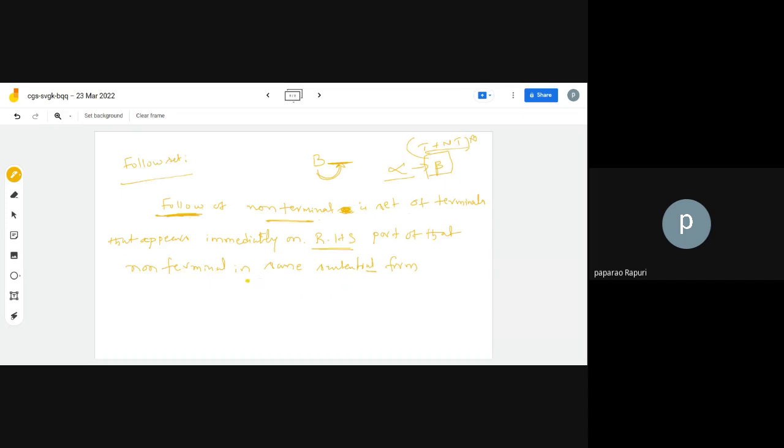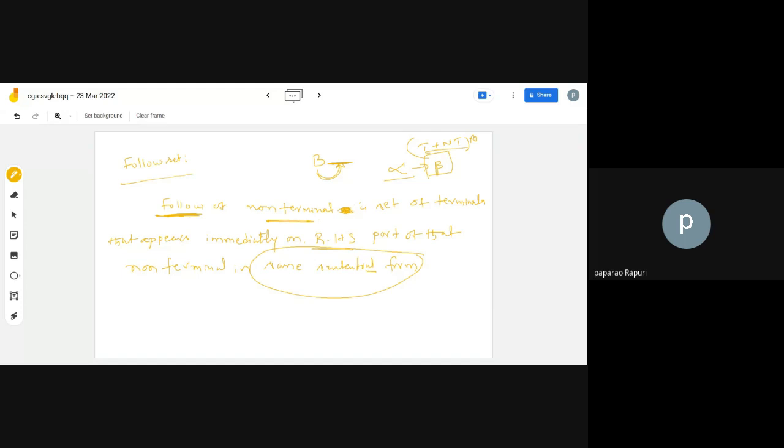Here, in the continuation, he mentioned the non-terminal in some sentential form. So what is a sentential form? We have discussed it already. For constructing a rightmost derivation or leftmost derivation, we replace the non-terminal with the RHS part of the production.